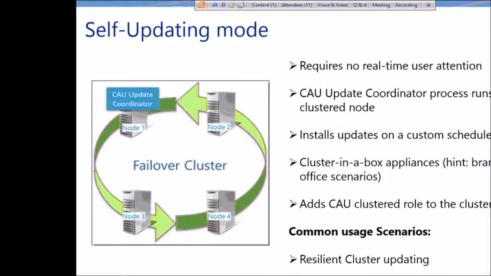It definitely will have a slight switchover delay. That's something you need to keep in mind. And in this self-updating mode, as I mentioned, the CAU itself gets added as a clustered role. We will see that in the upcoming demo.